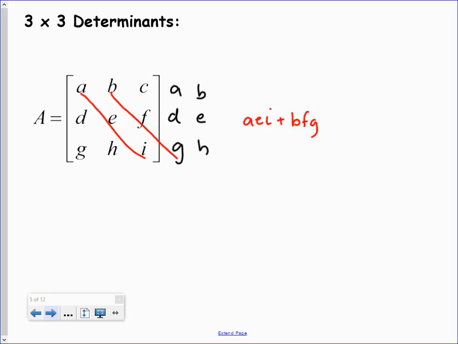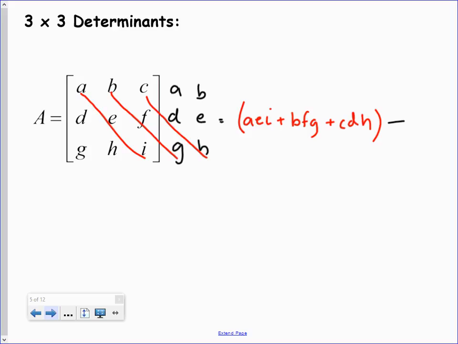And add to that the third diagonal, CDH. I'm starting from the top of every entry in that first row, getting that diagonal going down. And then I have to subtract from that, because we're doing the difference of the products of the diagonals. So there's going to be a minus sign right here.